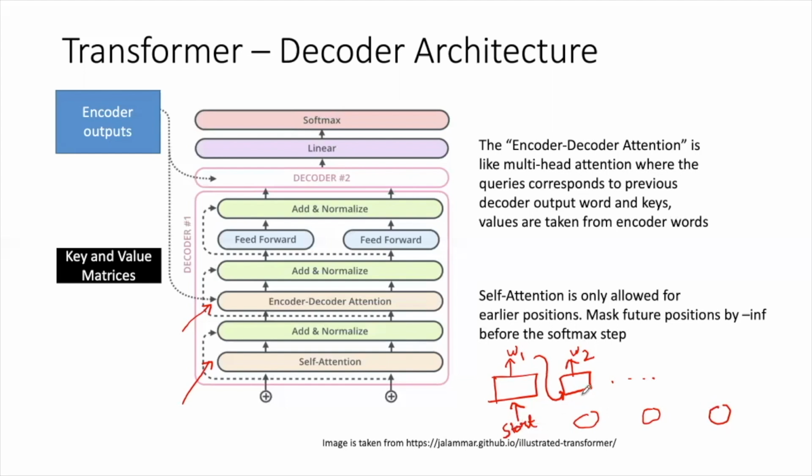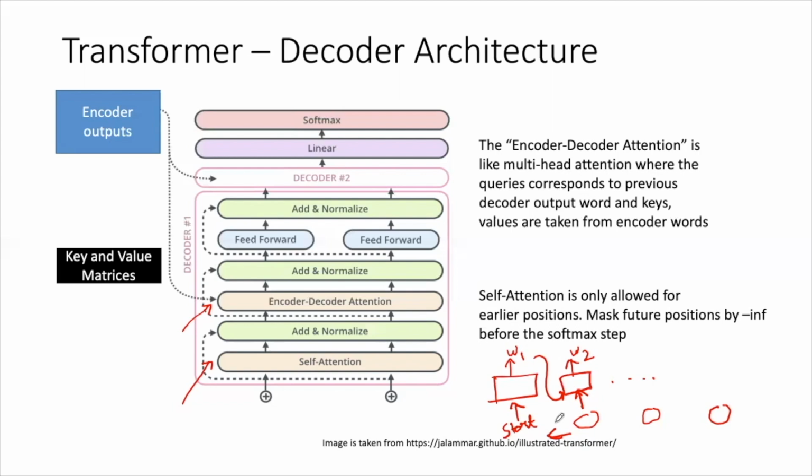So for example, let's say we are conducting self-attention at the second word. We cannot use the third, fourth, fifth words, etc. We can only use the words prior to the second word. So that's one aspect in which the self-attention in the decoder is different from what we have seen in the encoder.